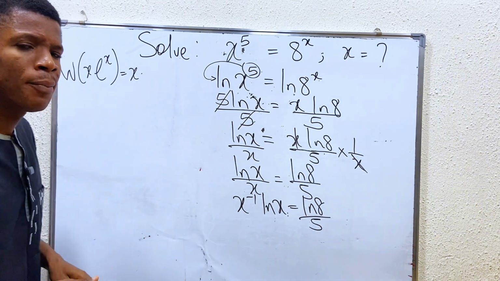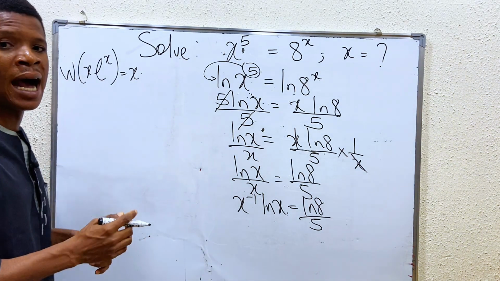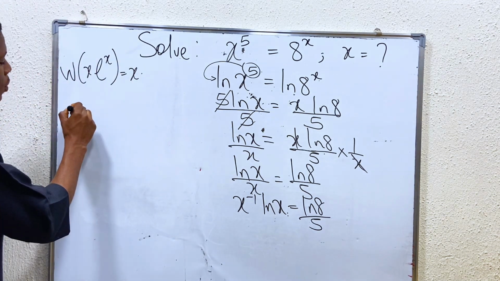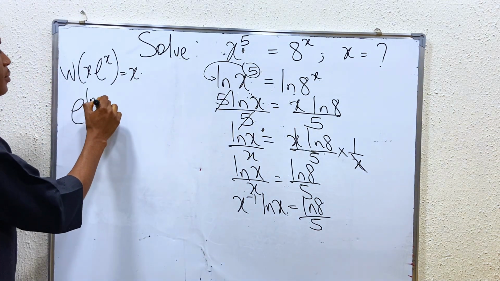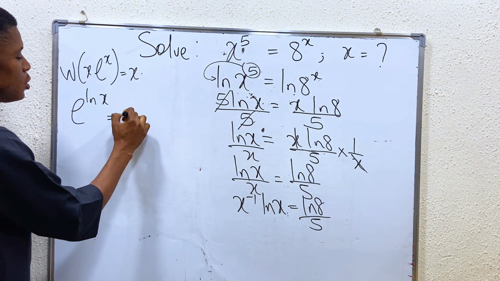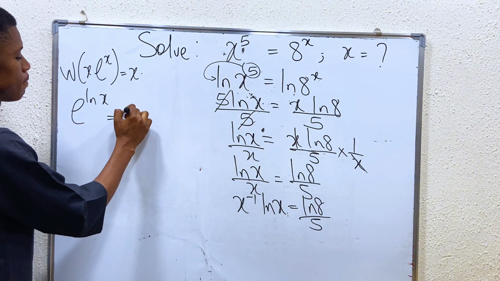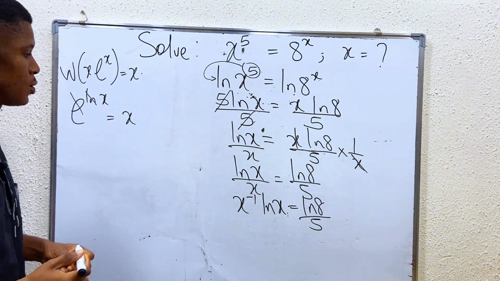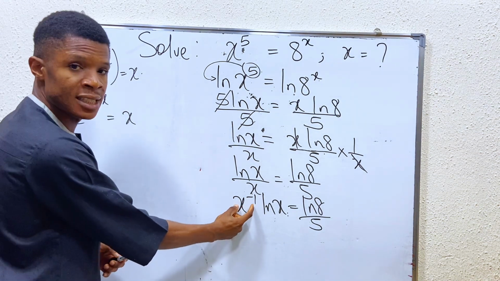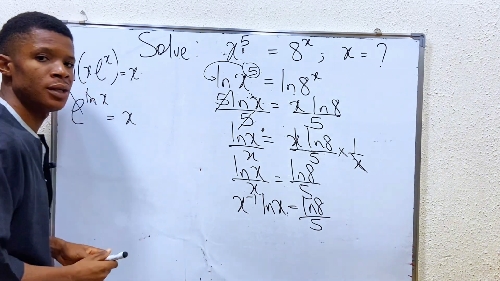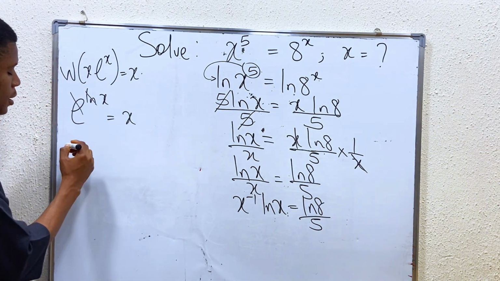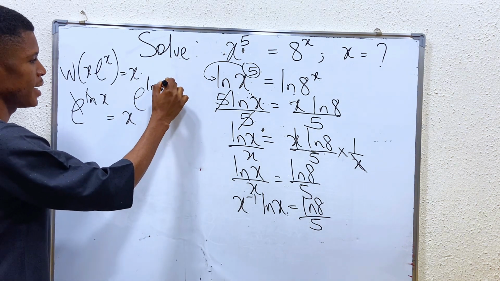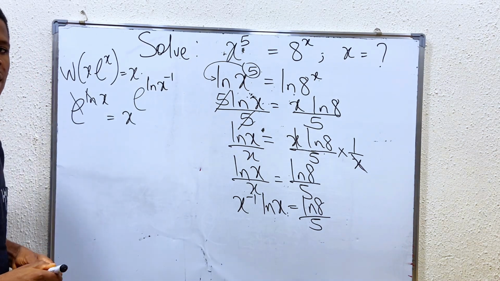But you remember that exponents and natural logs are always inverse operations. What I mean is that whenever we have e^(ln x), the output is always x. The reason is that the exponential and ln always cancel out. So instead of writing x^(-1), we are going to write e^(ln x)^(-1).